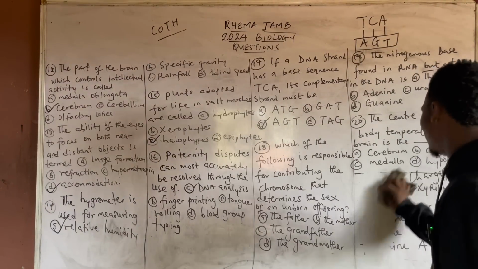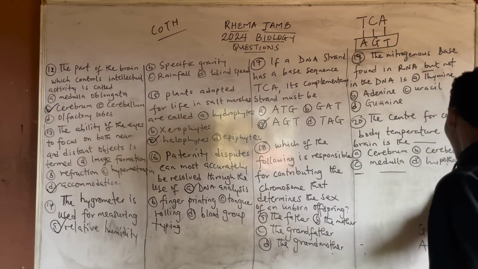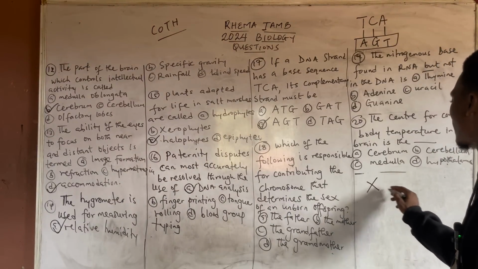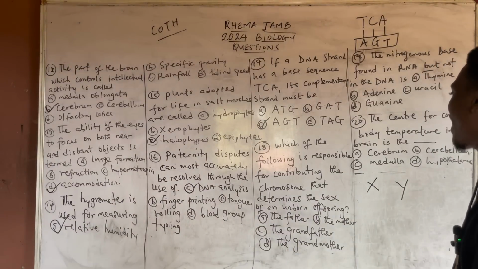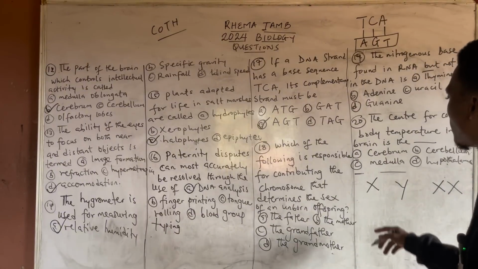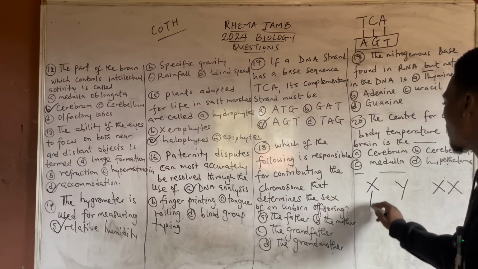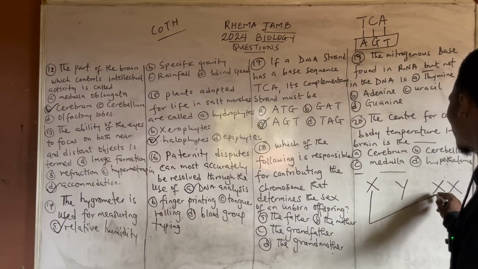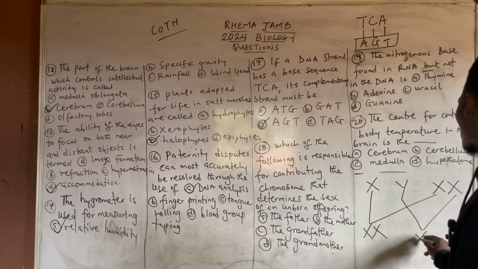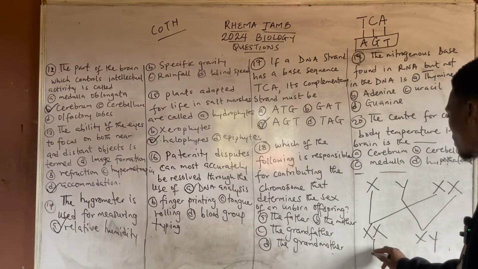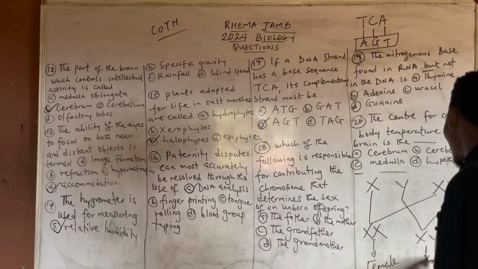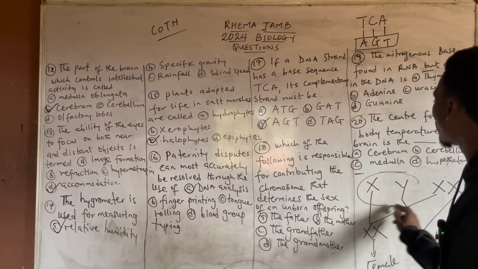Now, you ought to know that the father carries the X gametic sperm and the Y gametic sperm, meaning X and Y in terms of the sperm, while the mother always carries the X and X, which is the egg.